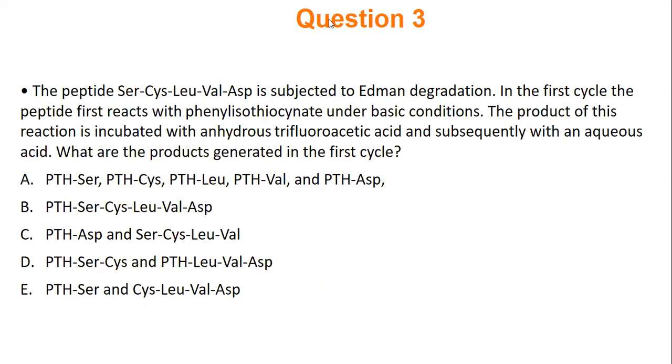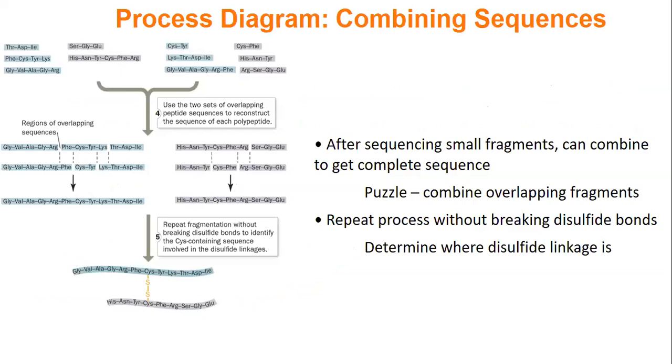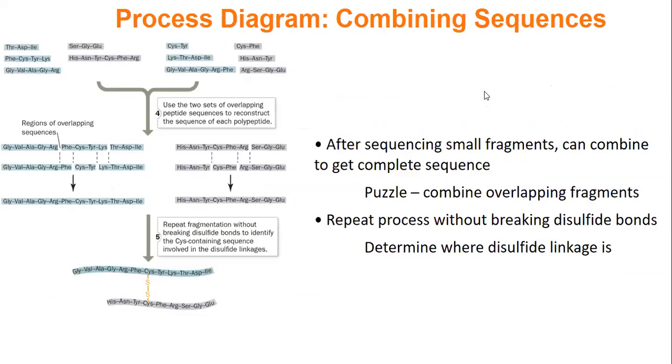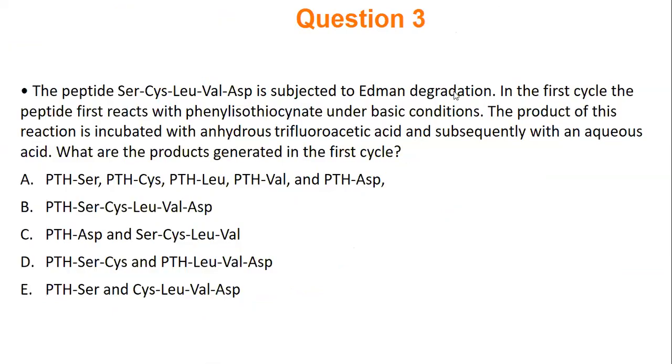All right. Almost the last thing. Can you repeat that? Sure. What happens in Edman degradation is that the N-terminus is cut off. Here the N-terminus is serine. It becomes a PTH amino acid, so PTH-serine. The rest of the peptide is left intact.